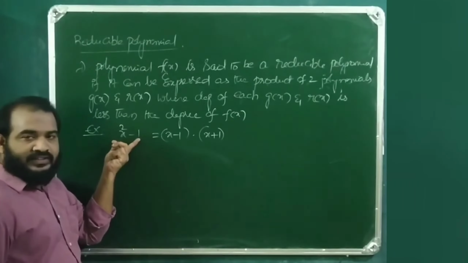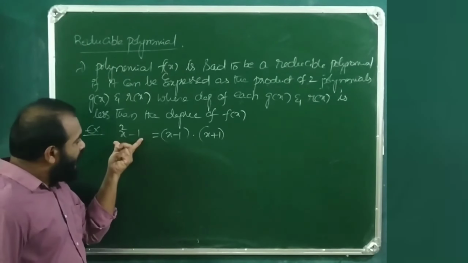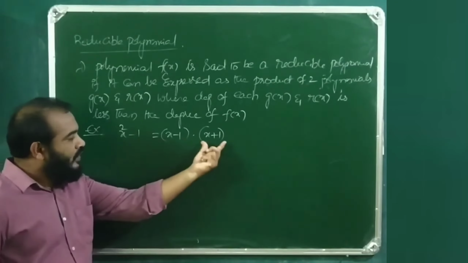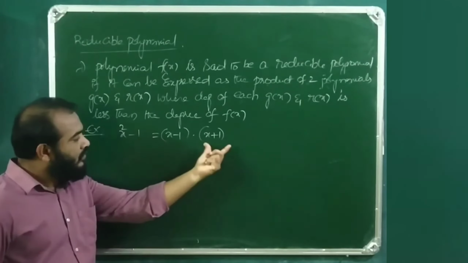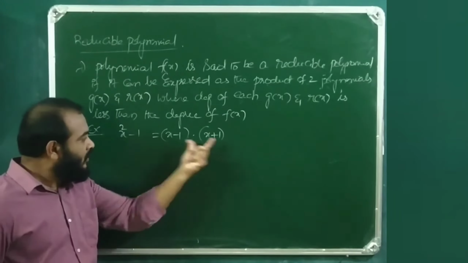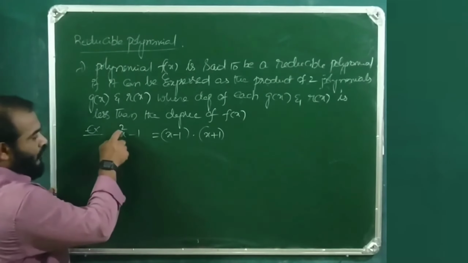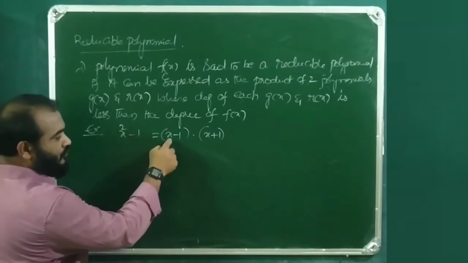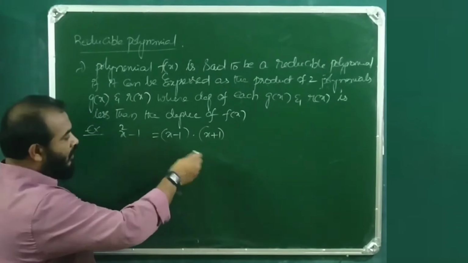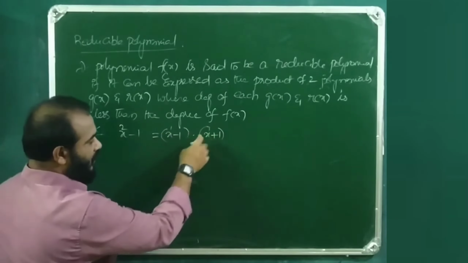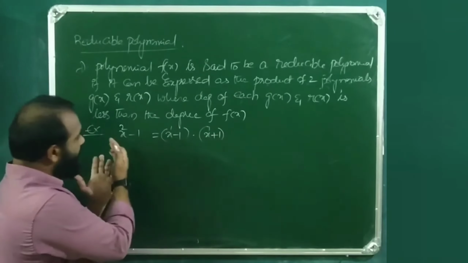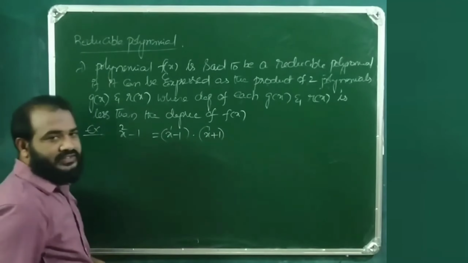So f of x can be written as x minus 1 and x plus 1. Individually they are all polynomials, and here the degree of f of x is 2. The degrees of g of x and r of x are 1 each, and this 1 is less than the degree of f of x.